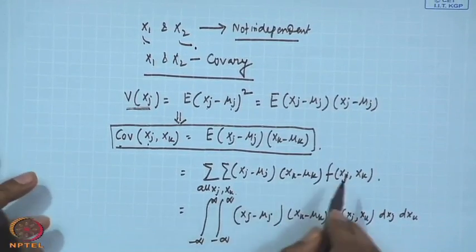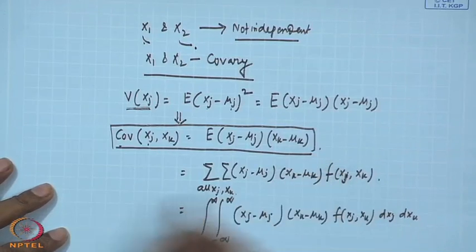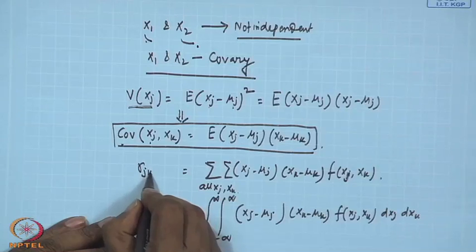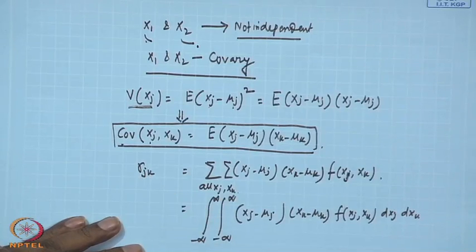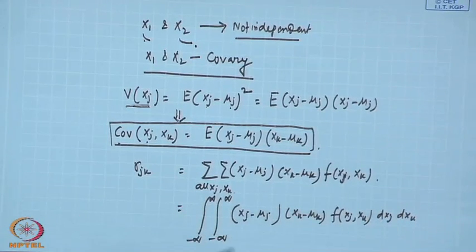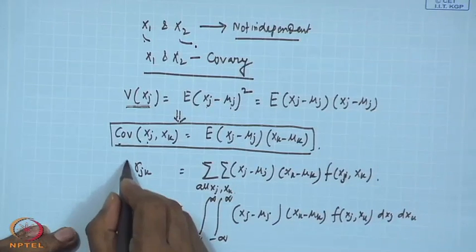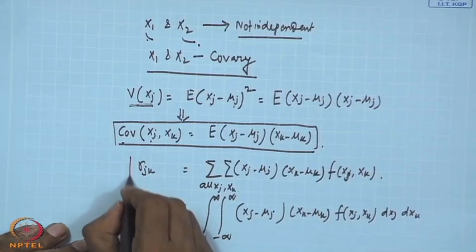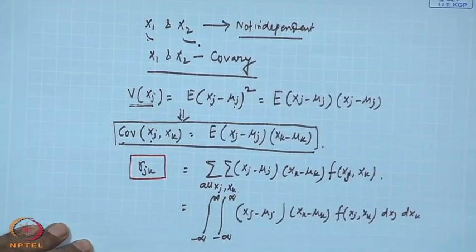What is the notation for this? We will use the notation sigma j k. Keep in mind we have used sigma j for standard deviation, sigma jj for variance and sigma jk for covariance. So, what I am writing here is sigma jk.